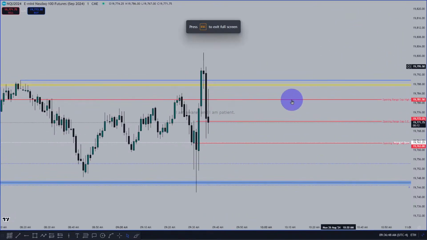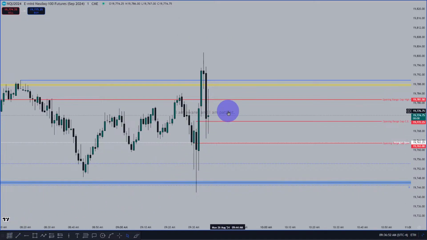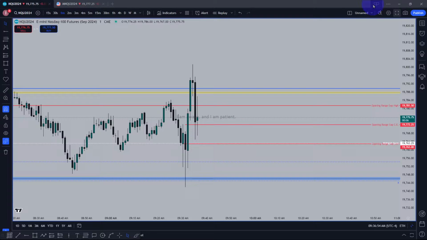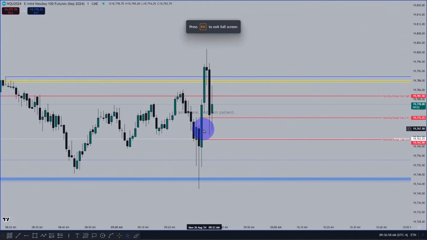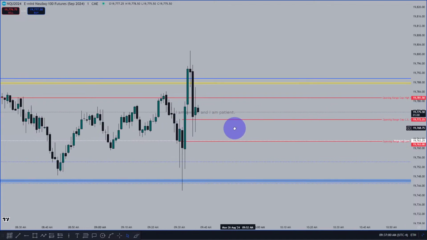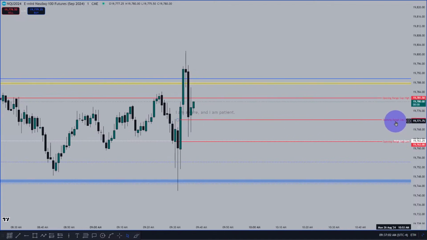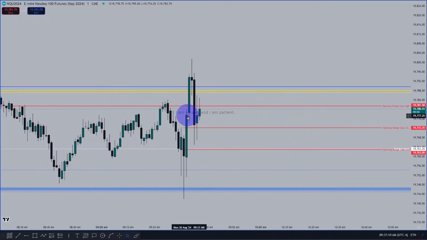Okay, there we go. And then go back in full screen. So seems that we're respecting this order block so far in this gap here, and we're not closing beneath the opening range gap consequent encroachment level. And you can see that we're pushing back into this inversion.